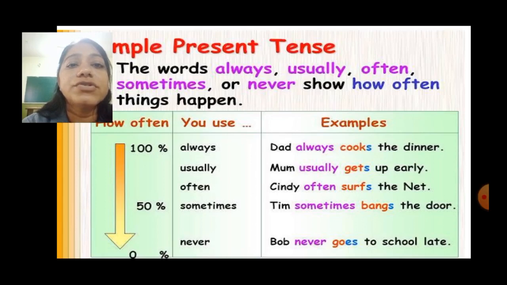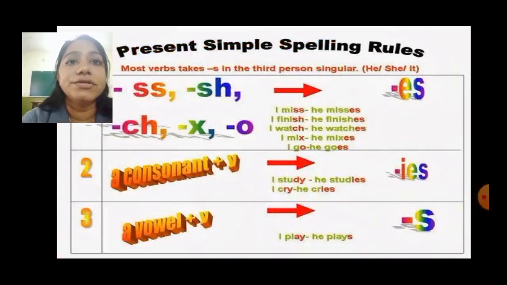Bob never goes to school late. So here the chance is 0%. He always goes to school early. So we can say that Bob never goes to school late. The chance is 0%.